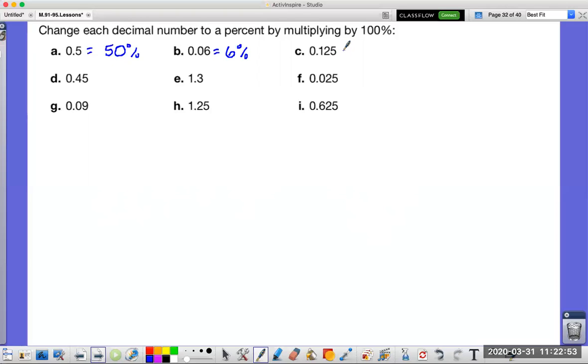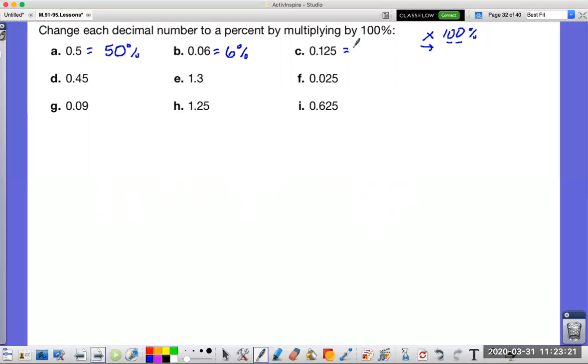125 thousandths as a percent. Now remember, I'm multiplying it by 100%. And in order to multiply by 100, don't forget this, you're literally just moving the decimal to the right 2 places. That's all you need to do. And then you need to remember to throw a percent sign on the answer.